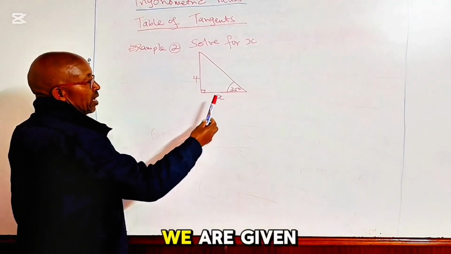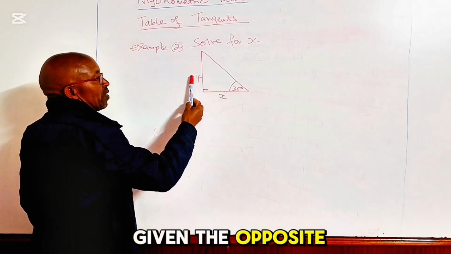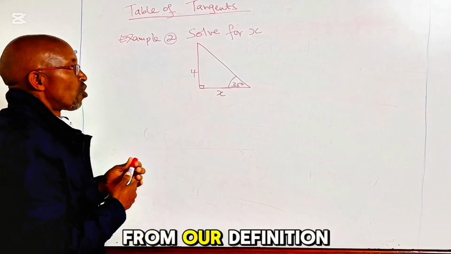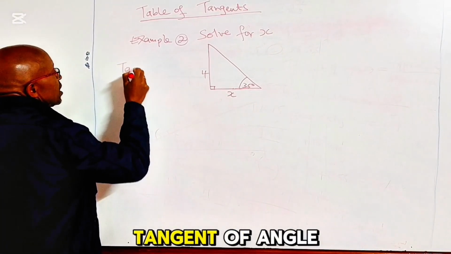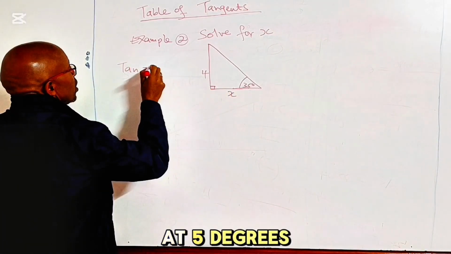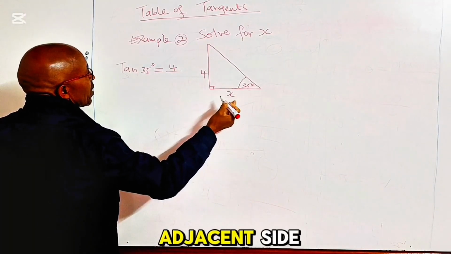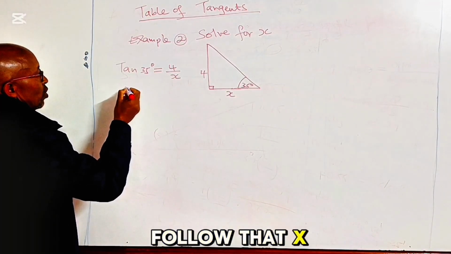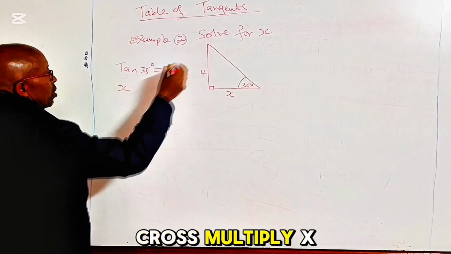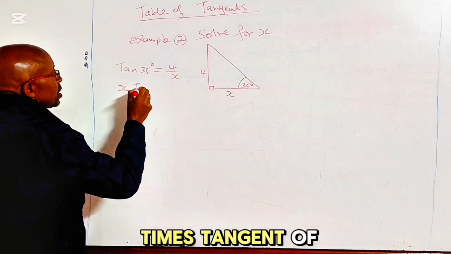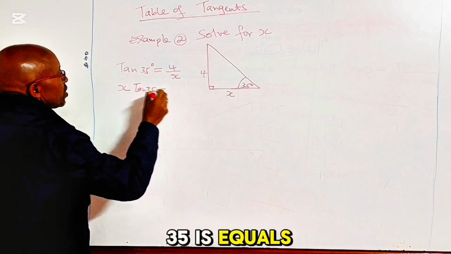We also solve for x. From our diagram, we are given the angle and we are given the opposite side. From our definition, the tangent of an angle is always equal to the opposite side over the adjacent side. So it follows that, cross multiplying, x times tangent of 35 is equal to 4.